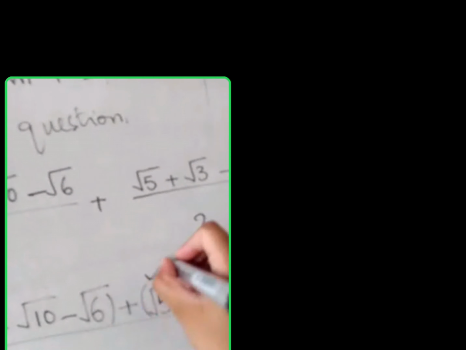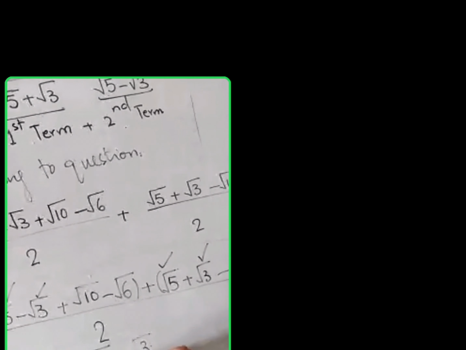Now open the brackets and write the same terms together. Now it is square root 5. Can I write square root 5 and square root 5 together? Look here, then copy. Square root 5 plus square root 5. Then minus square root 3 and this plus square root 3. Write them together. Minus square root 3, then plus this square root 3.